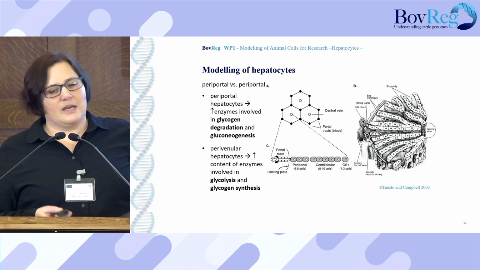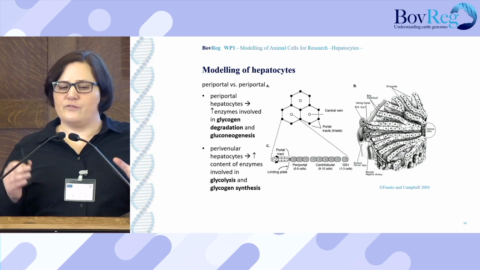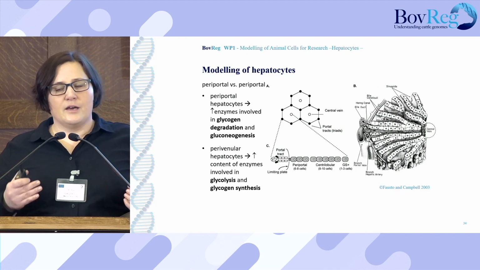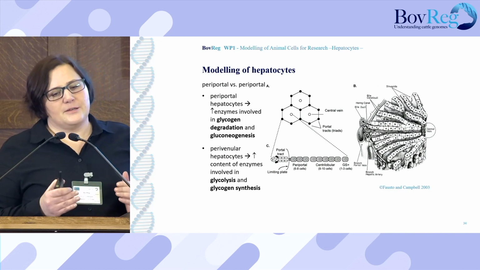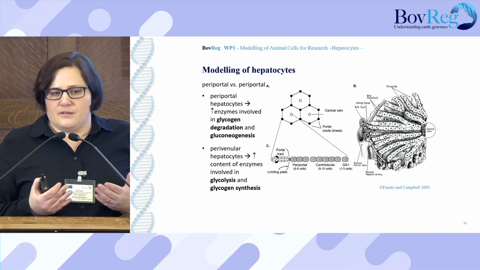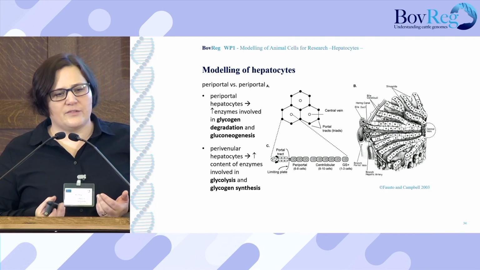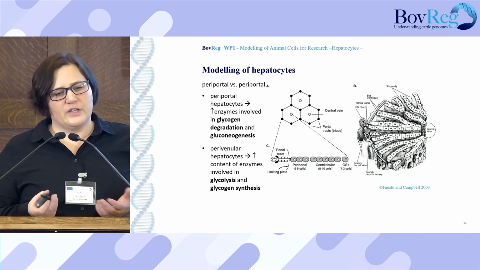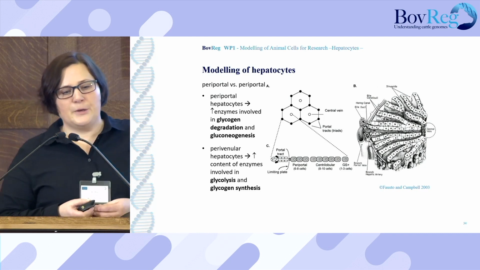And if we have again a closer look, you see on the right-hand side here that we have differences with regard to the position of the cell to the central vein or the periportal side. And this makes a difference in the hepatocytes. So periportal hepatocytes do have a higher content of enzymes which are involved in glycogen degradation and also in gluconeogenesis.